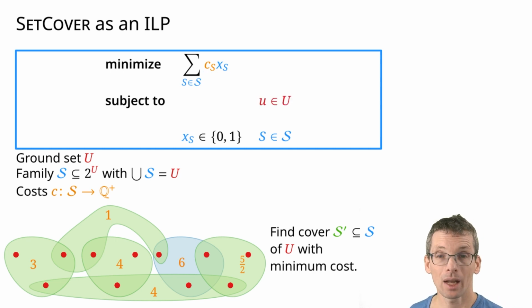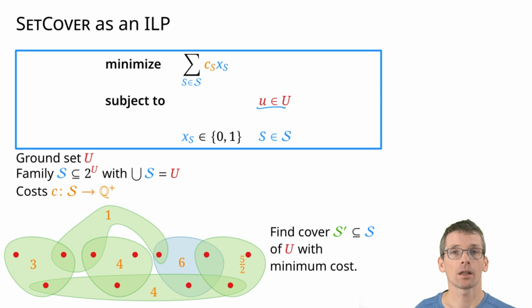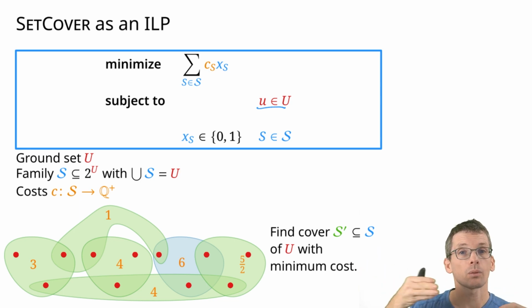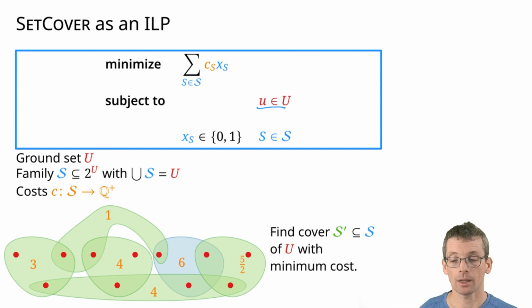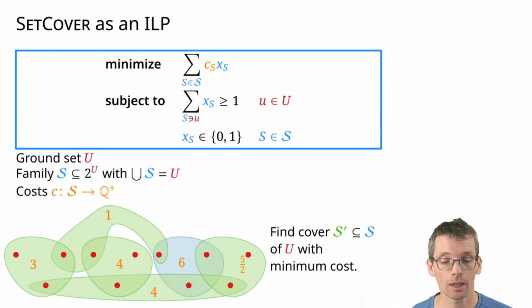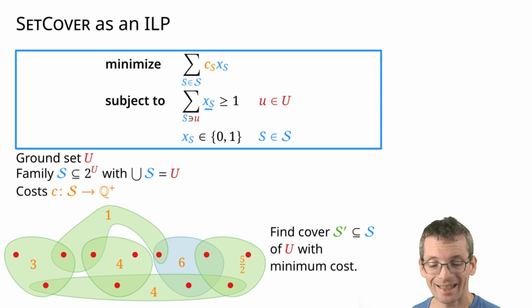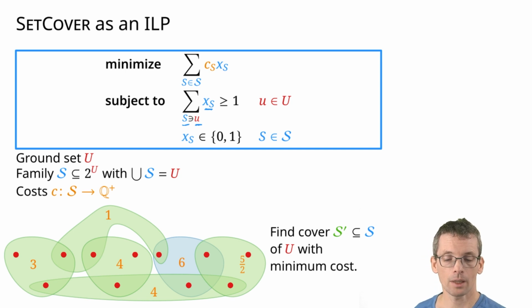So I will have a constraint for each of the elements. Those are called u. And they should say that this element should be in at least one set. And as a linear constraint, I can write this as: the sum of the variables corresponding to the sets that contain that element should be at least 1.